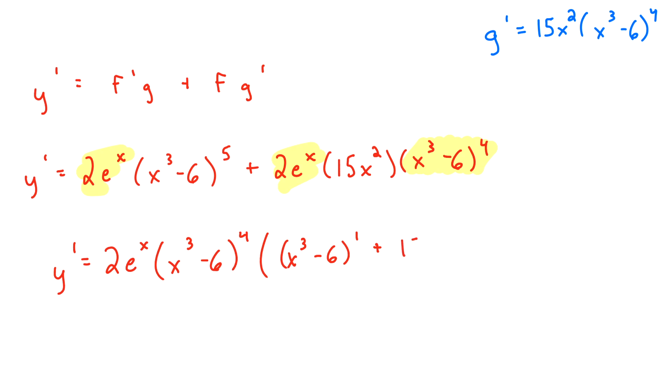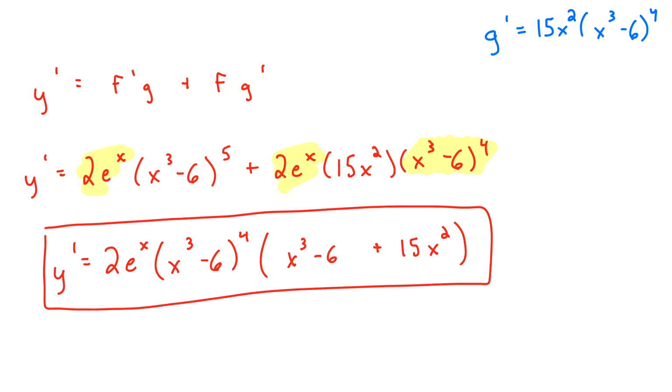So plus 15x squared. If I can, I would want to go ahead and combine any like terms on the inside of my parentheses here. In this case, I've got an x cubed, I've got a constant, I've got an x squared term. Nothing's really going to simplify. Really, the only thing I would do is drop these parentheses. I think they're more confusing than they're worth. And I would probably just leave my solution like this.